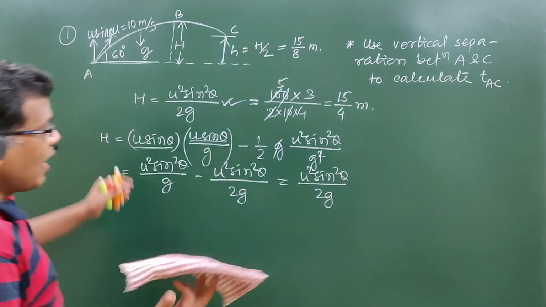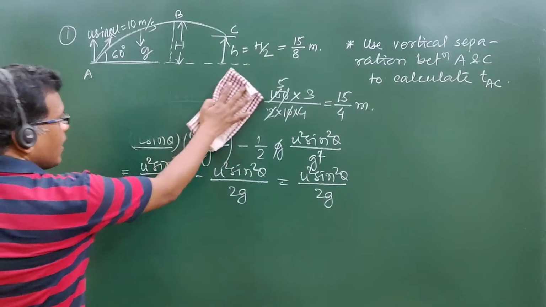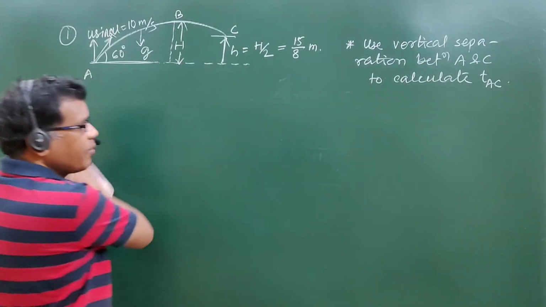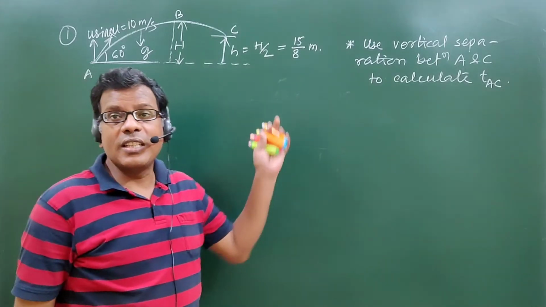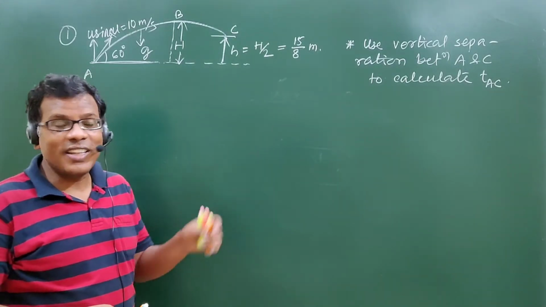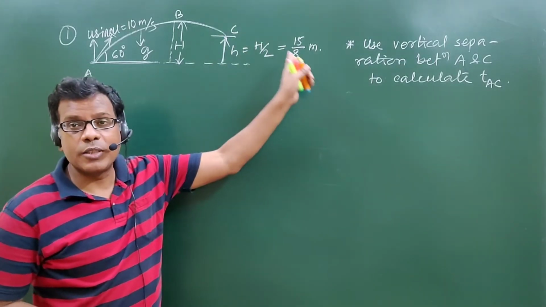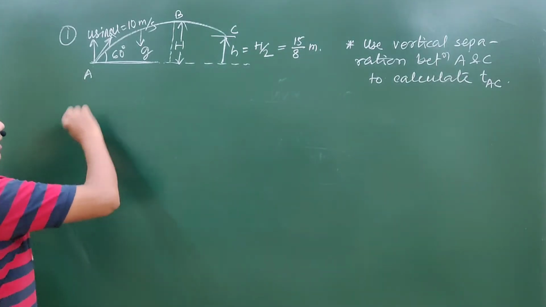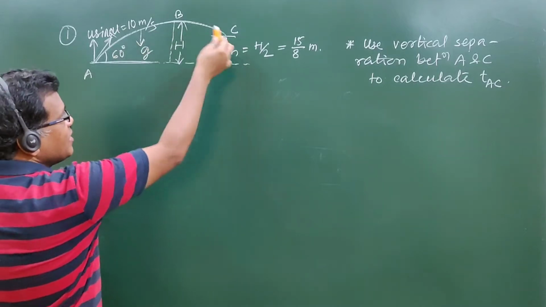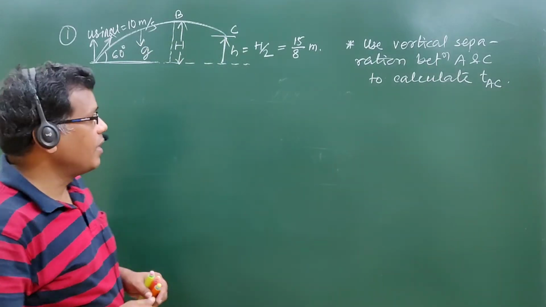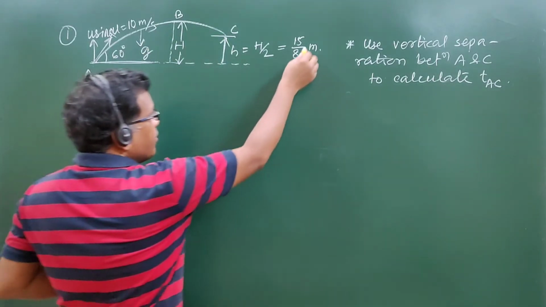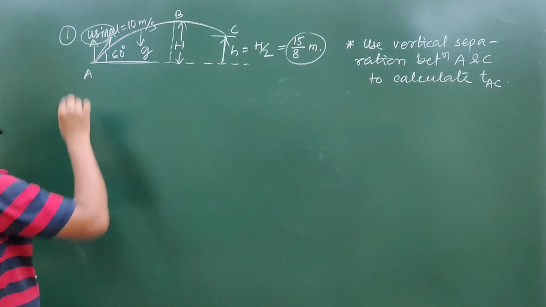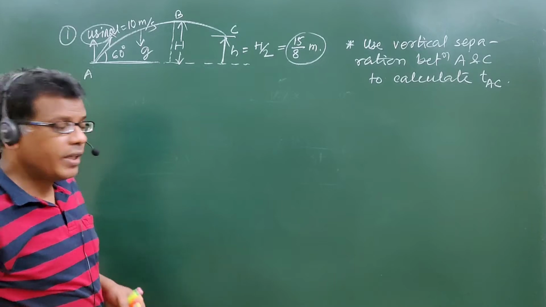So that's why after knowing this maximum height value and based on the half of it, which is 15 by 8, using this vertical displacement, we can now find out the time of flight. So again, in a journey of A to C, now I know the vertical displacement, I know the initial velocity u sine theta, I can calculate the time.